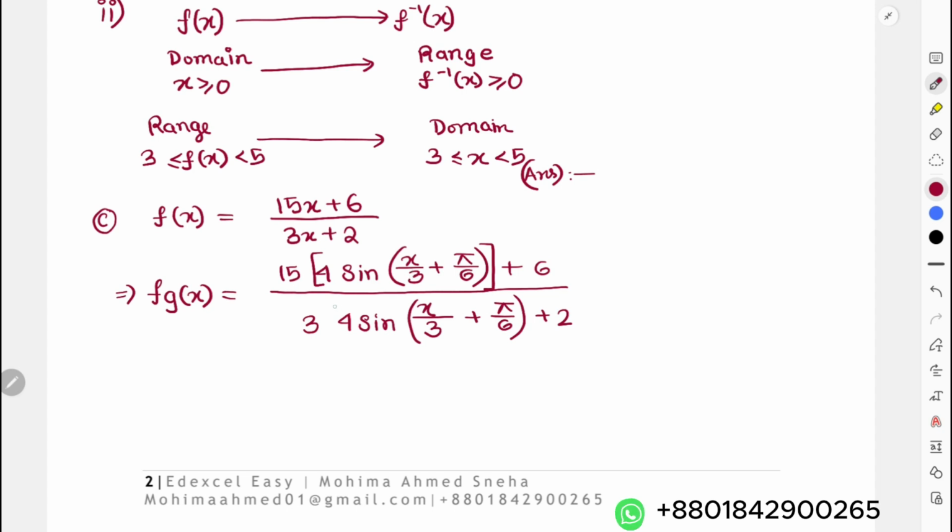Only this was multiplied with 15 and only this function is multiplied with 3. So we now can replace this x also, because the value for x was also given as negative pi. So we can write negative pi here.